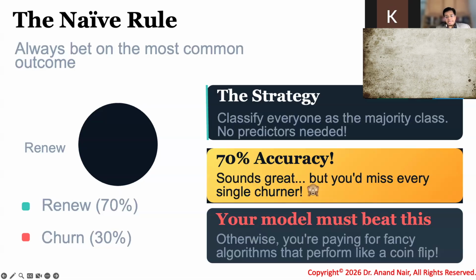We cannot just look at the raw accuracy of our model, like 70%. A model that's 99% accurate may sound amazing, but once we realize that we are not predicting any of these churners, or anyone who is a fraud, let's say in the bank case, then it is not helping us.